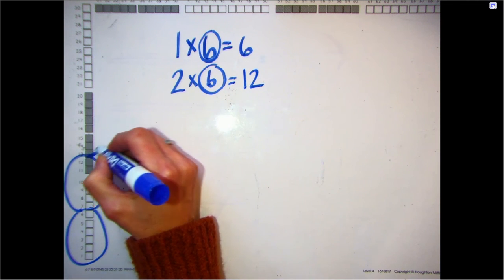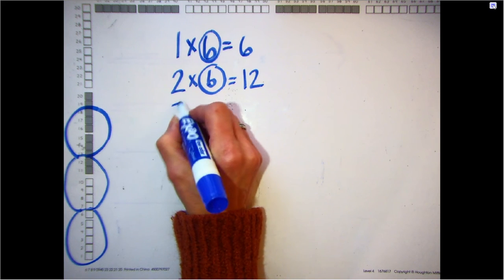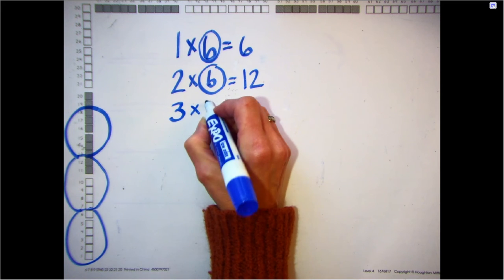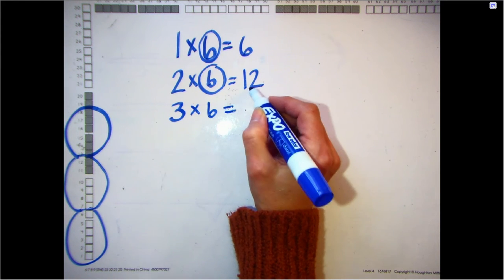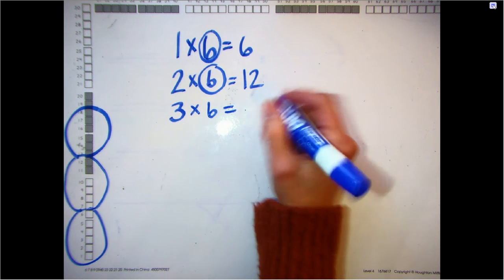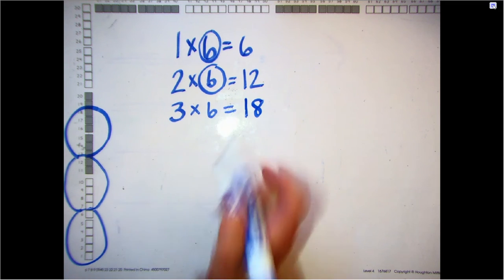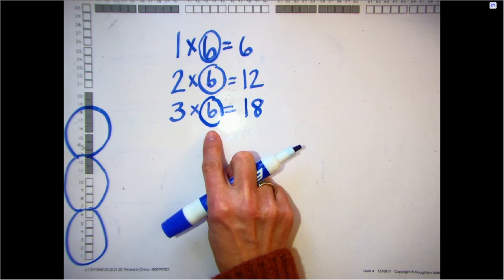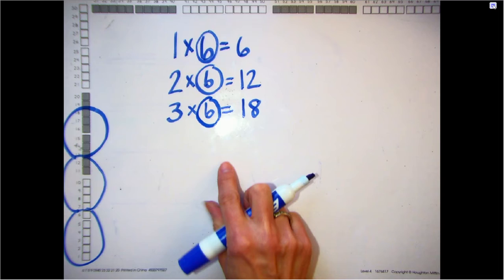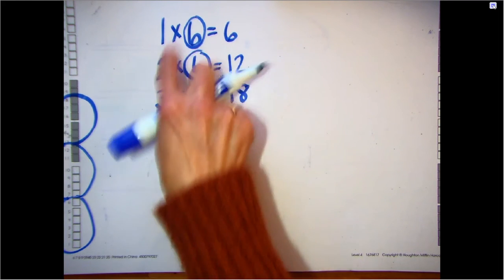If I keep going and I circle my third group of 6, 3 groups of 6, right, all I'm doing is adding another group. So 12 plus 6 more brings me to 18. Okay, remember, I circled this because that's the number that I'm multiplying by. That's my fact.